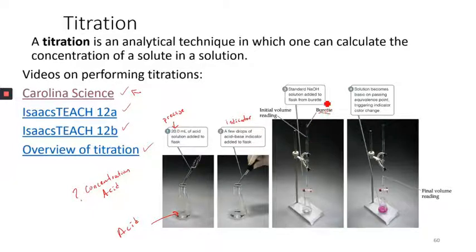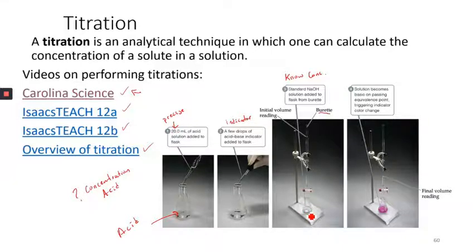So you fill this with your sodium hydroxide, and the sodium hydroxide in this case, you know the concentration. And then this here will measure the volume that you use. So you're going to add it in dropwise and swirl it as you're adding it.